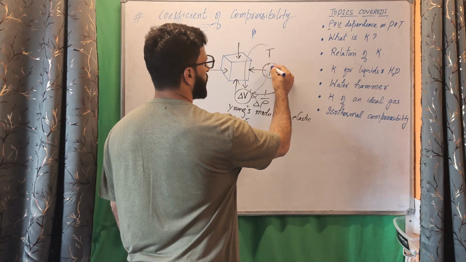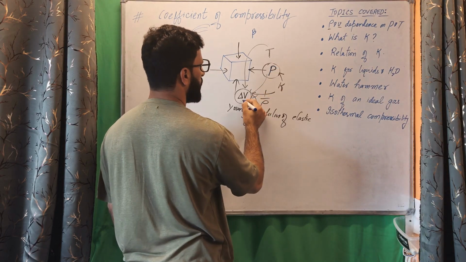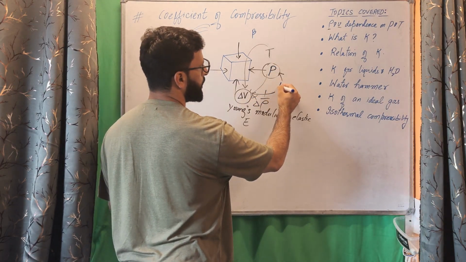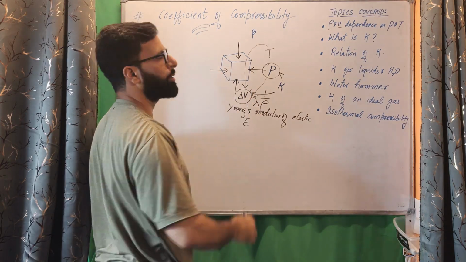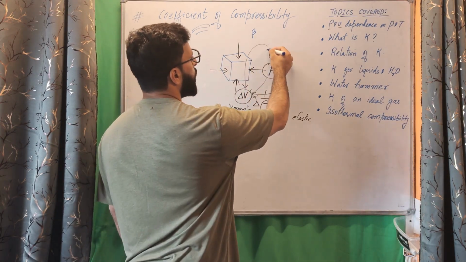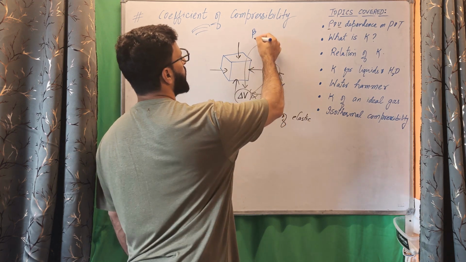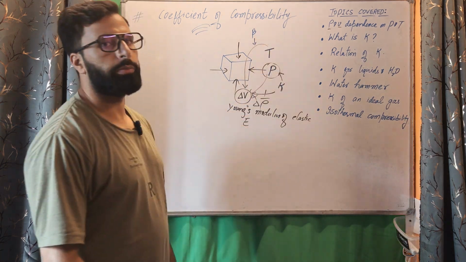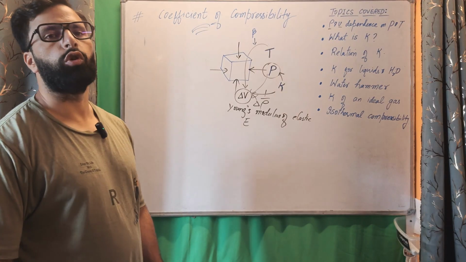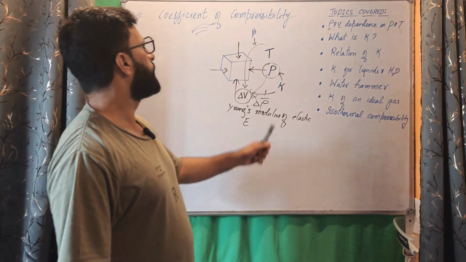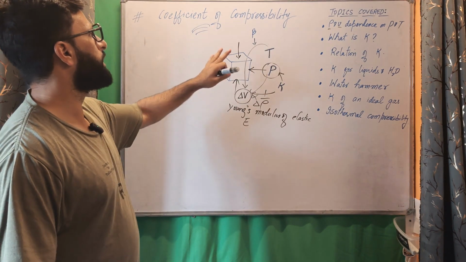So the effect of pressure on volume or density is quantified by the coefficient of compressibility, and how much density or volume changes when we change temperature is quantified by beta, the coefficient of volume expansion. We'll talk about the coefficient of volume expansion in a different video in detail.